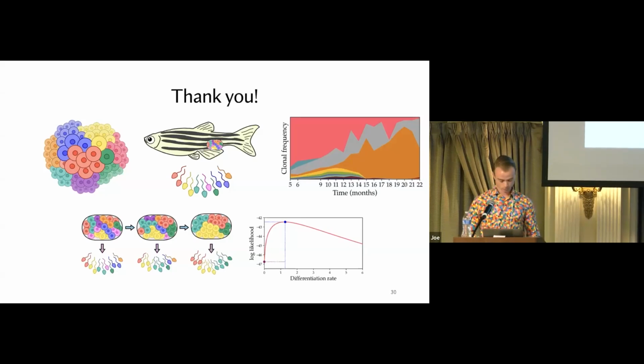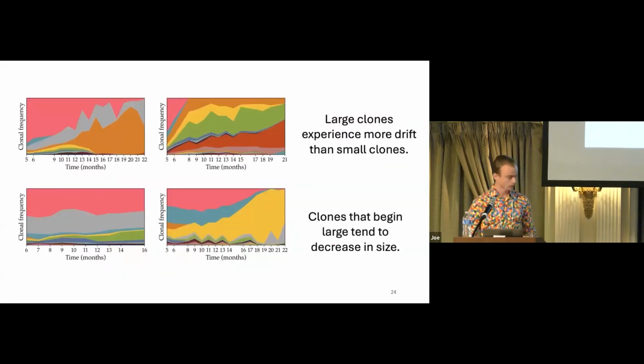And this is actually one thing that I suspect could be happening. I mentioned a moment ago with a lot of these big clones that are shrinking very quickly, the hot pink clones, what I think could be happening here is not that these clones are under some selective disadvantage that's making them shrink in the testis.